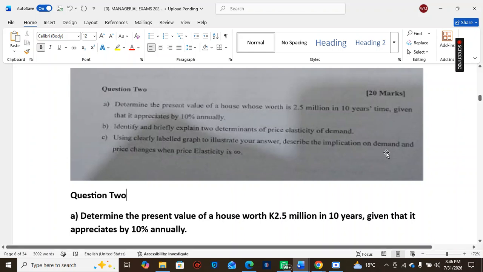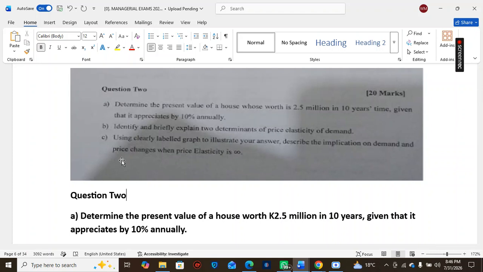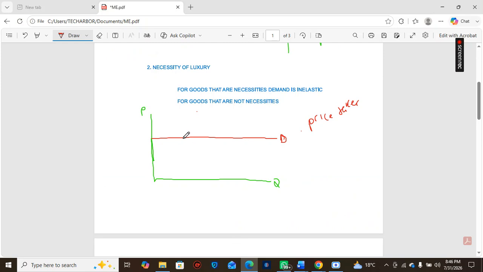And then the implication on price is that firms or sellers are price takers. They only have to accept the market price. No matter how much they sell, whether you sell 200 units or 1,000 units, you are still going to be charging the same price.